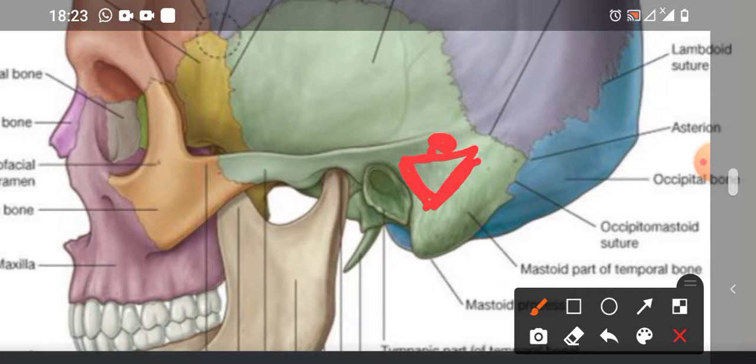The suprameatal spine is present where I am circling, and the triangle basically forms the lateral wall of the mastoid antrum.